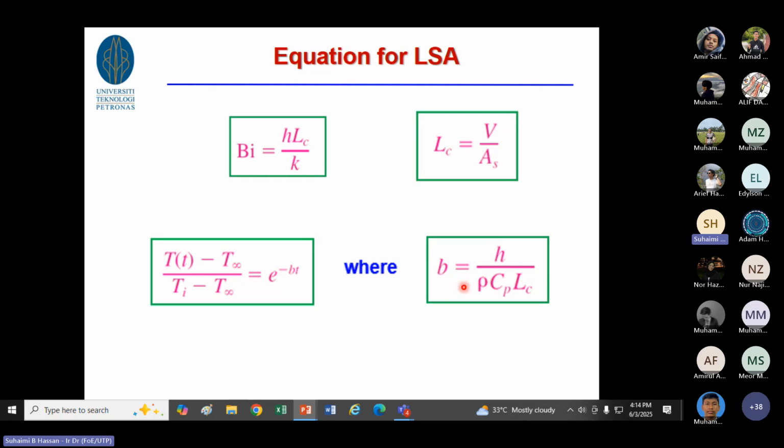So rho Cp LC. That is why B is in the exponential. So T(t) minus T ambient over Ti minus T ambient equals exponential power negative B times t. It starts to be a bit difficult to capture, but when we go through the example, I think it will be quite clear.